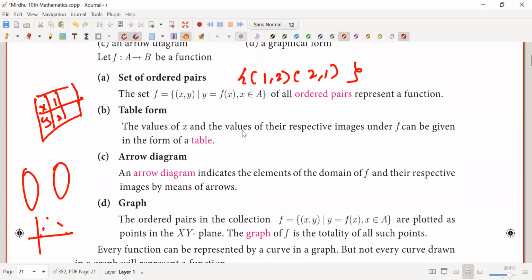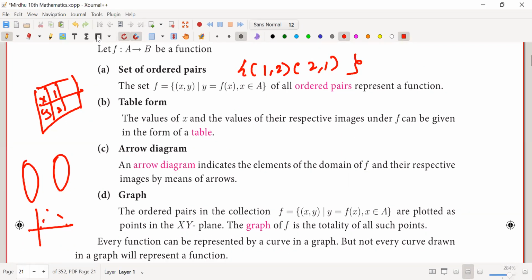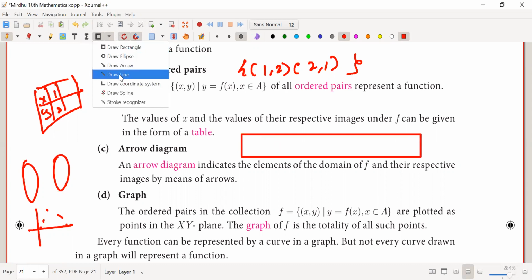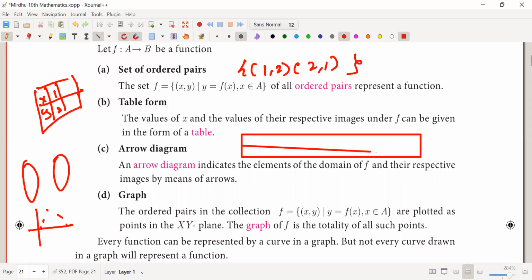Tabular column: put the values of x and y. Whatever we got in the set of ordered pairs, we just have to put the data here.